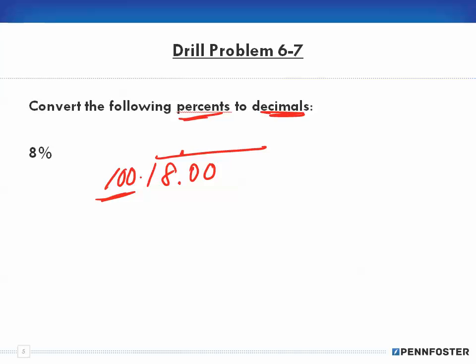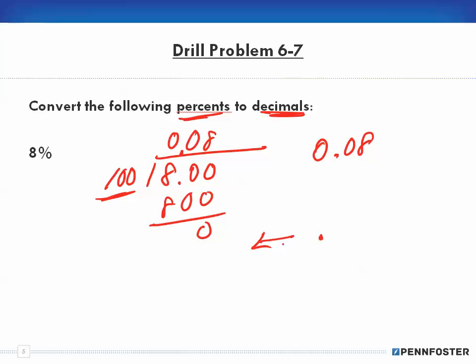So 108 doesn't go, 180 doesn't go, so that's 0. 100 into 800 is 8. That gives me 800 with a 0 as a remainder. So my decimal now is 0.08. Okay, so that's how we go from percents to decimals. But just as I said in the previous slide, if I have my decimal place here, I'm looking going to the left, I'm looking going to the right.